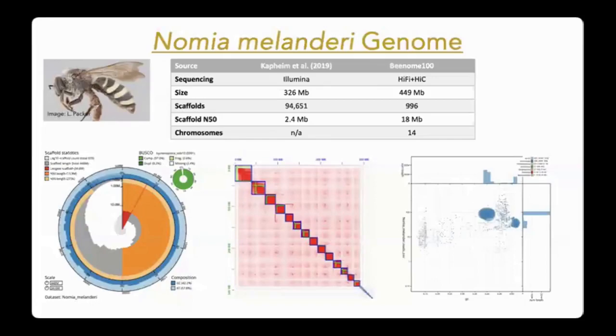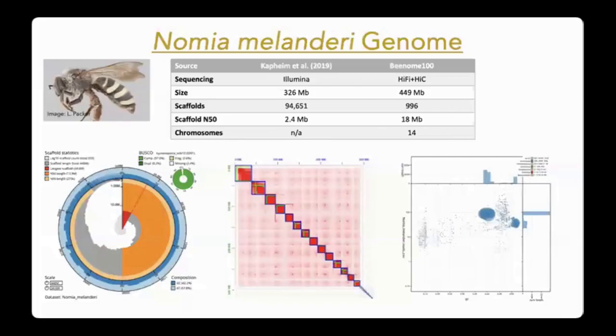Our new HiFi plus Hi-C genome has produced a chromosome-level assembly that is 449 megabases in size with a scaffold N50 of 18 megabases, significantly improving the contiguity of this important pollinator. We also have evidence from Hi-C data that there are 14 chromosomes.